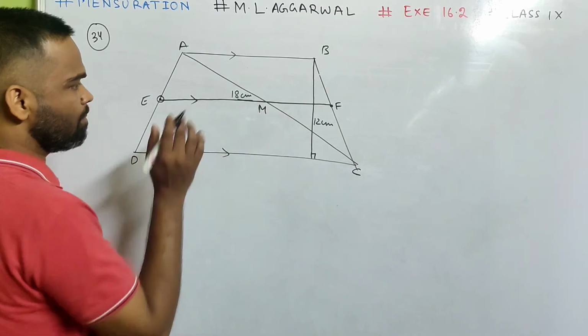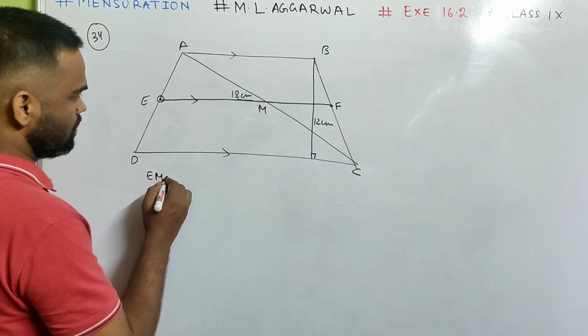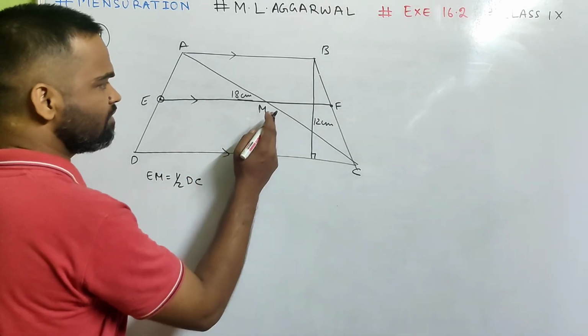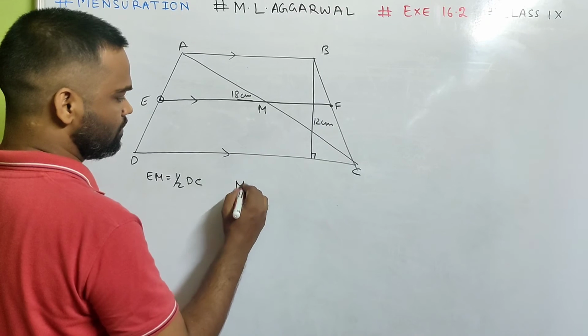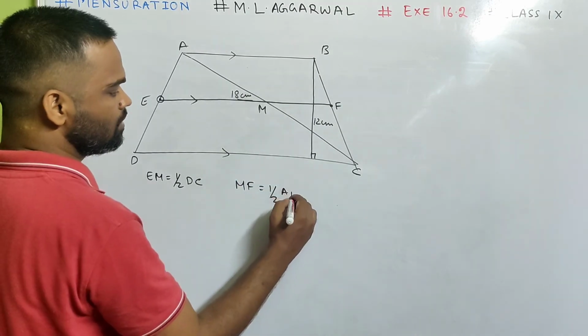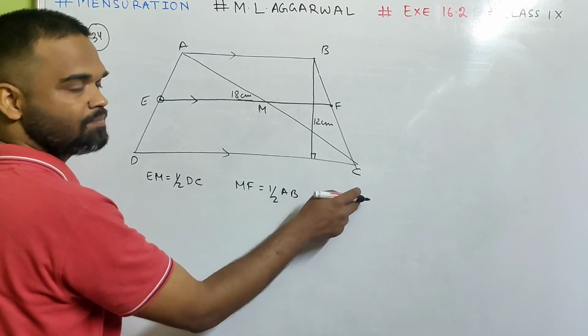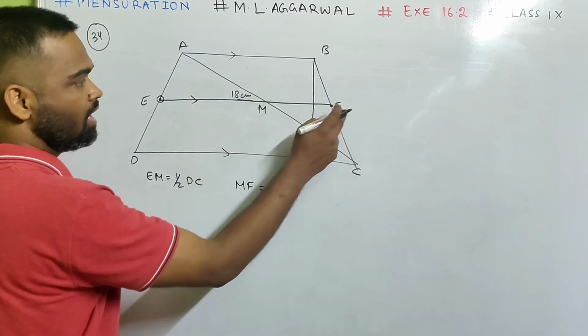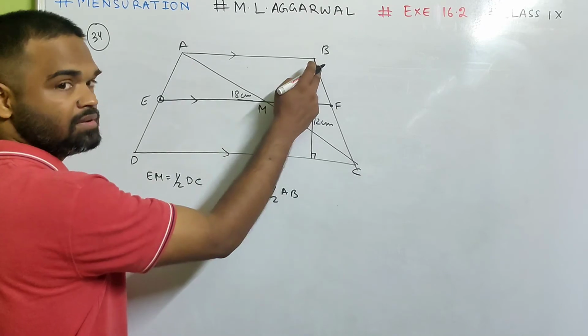And EM will be half of DC, remember? In the same fashion, MF will be half of AB. Look at the triangle ABC. F is the midpoint of BC and FM is parallel to AB.